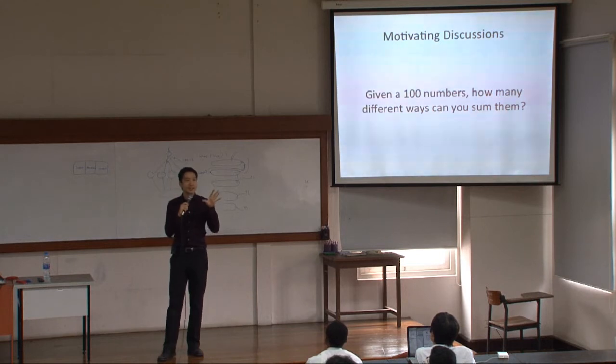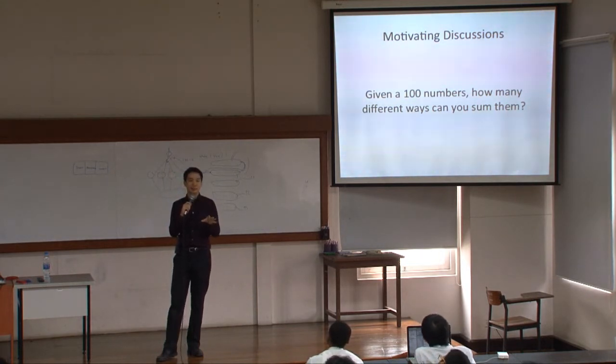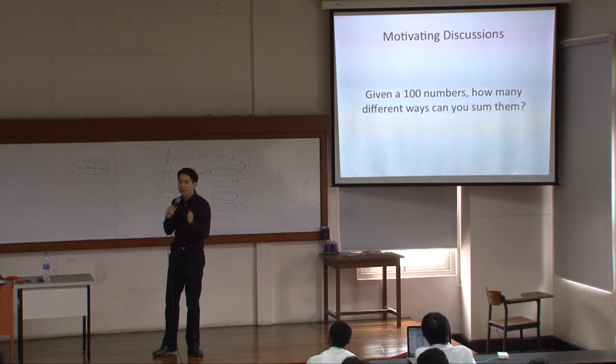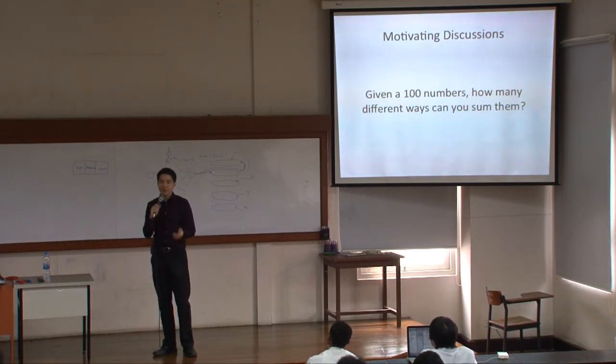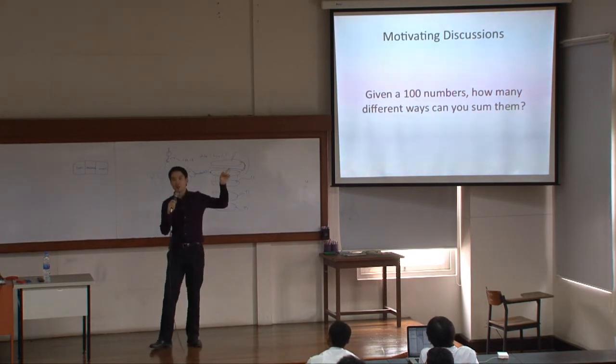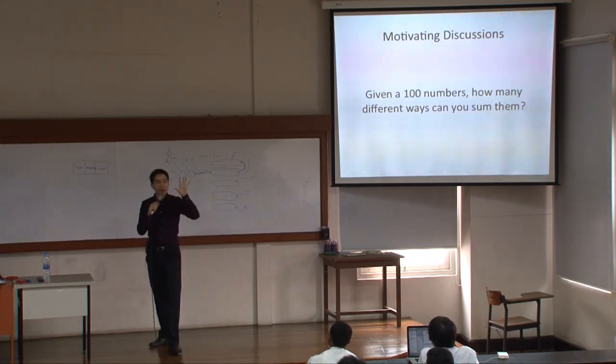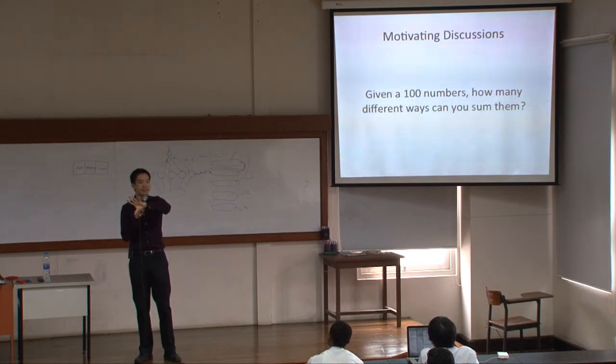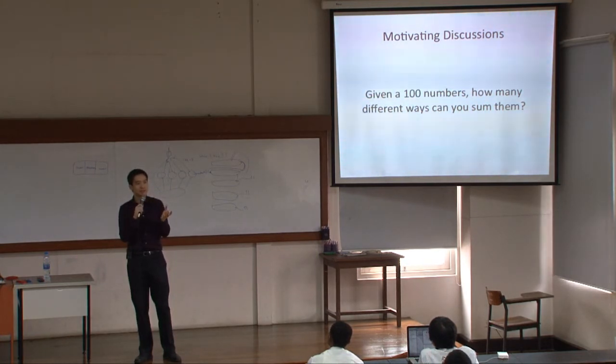Imagine you were sitting in the exam room, and I gave you 100 numbers to sum. How would you sum them? No, it's 100 numbers. It's not 1 to 100. So you're given 100 numbers. How would you sum them?